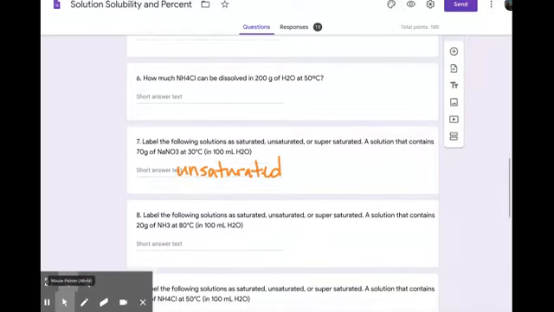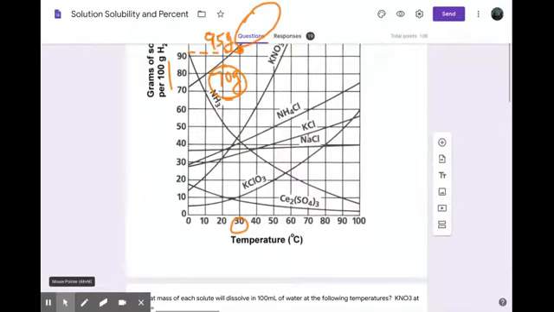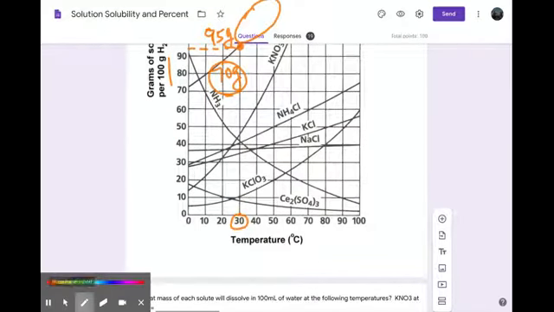The next one, the same question, but you have 20 grams of ammonia at 80 degrees Celsius. Let's find 80 degrees Celsius and ammonia. 80 is right here. Ammonia is right here, which is this curved line. So the intersection is right here, which is about 15 grams.